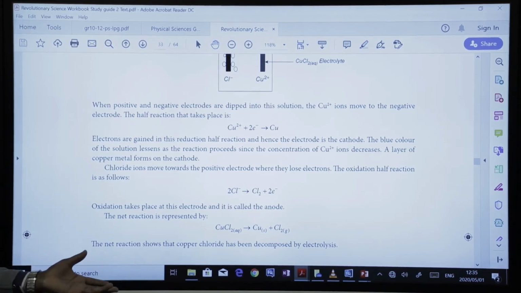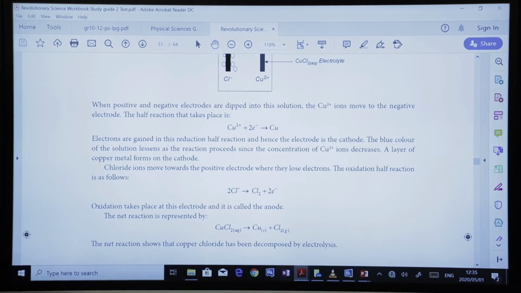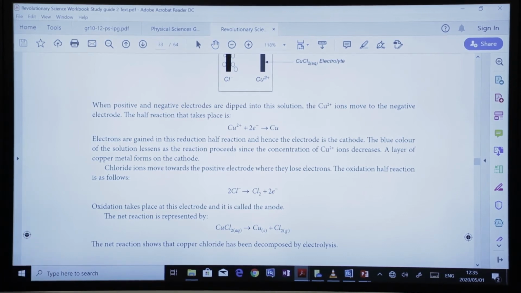So what happens with the chloride ions? Remember, they are negatively charged, and we are saying the anode is positively charged. So we know that opposite charges attract each other, so automatically we expect the chloride ions to move or to be attracted towards the anode. And what do they do when they get there?